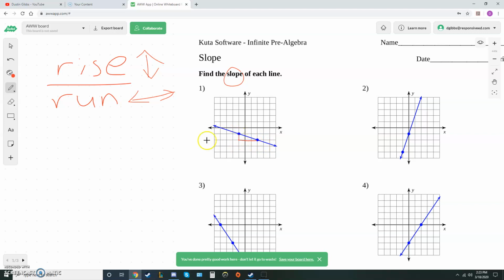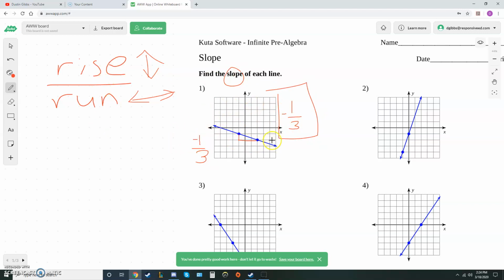It's down 1, so that is a -1 for our rise. And then we go 1, 2, 3 to the right. So it's -1 over 3. We can rewrite this to look a little bit nicer and put the negative on the outside. That's how you find slope. It's just rise over run.